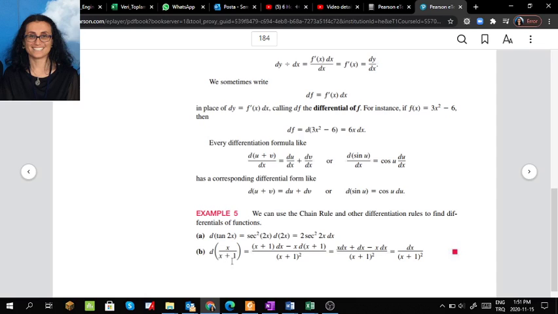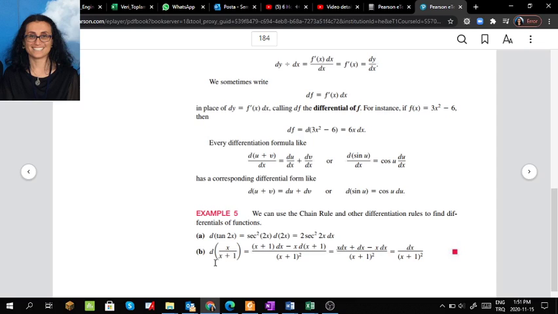Similarly, what's the differential of x over x plus 1? This is our f, so we just write the derivative f prime times dx, but be careful here. This is the quotient rule.